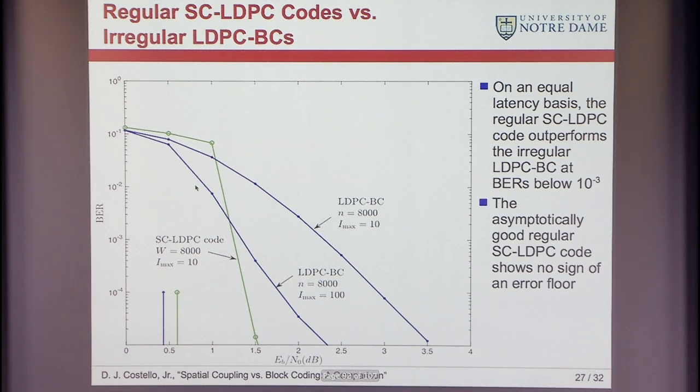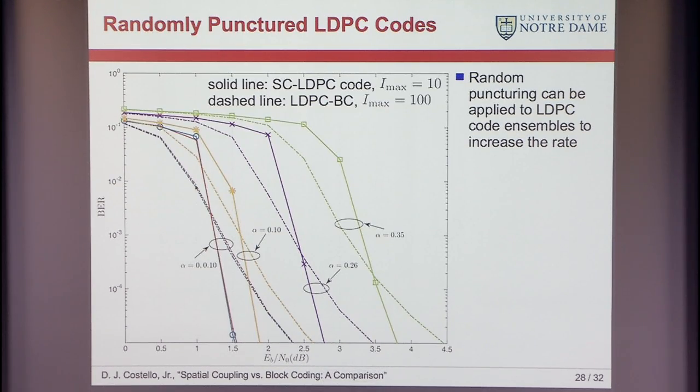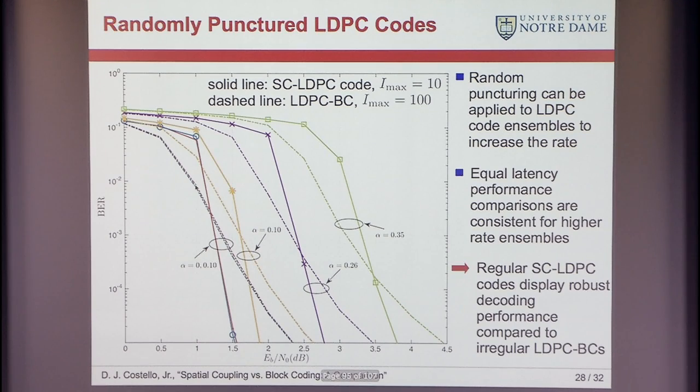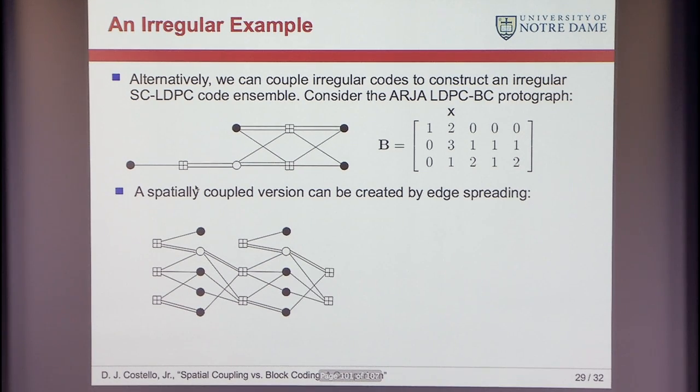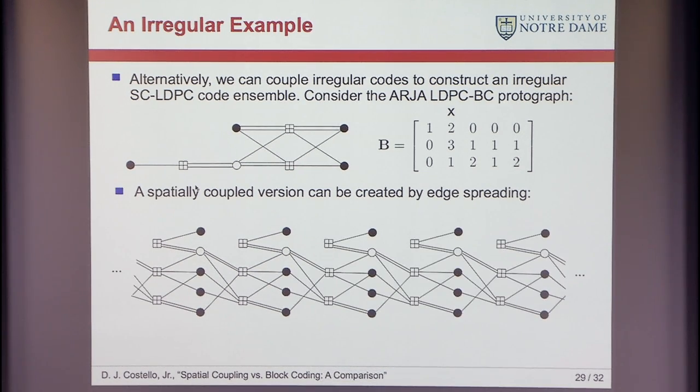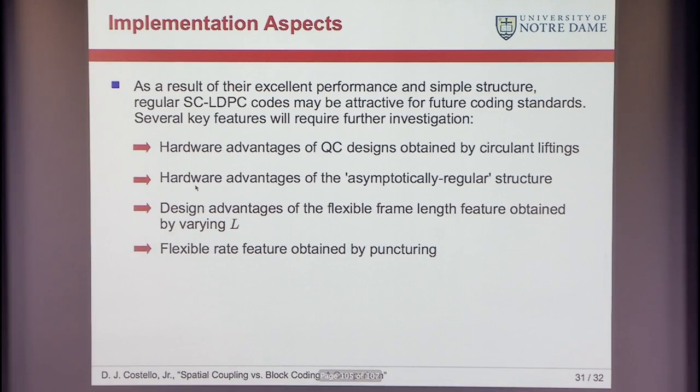So those comparisons look reasonable. They also look good compared to irregular codes. Haven't done a lot of these. This has to do with random puncturing. And then, of course, these last couple of slides just say that you can also spatially couple irregular codes. These are ARJA codes, very good irregular codes that are asymptotically good, and you can spatially couple those also.